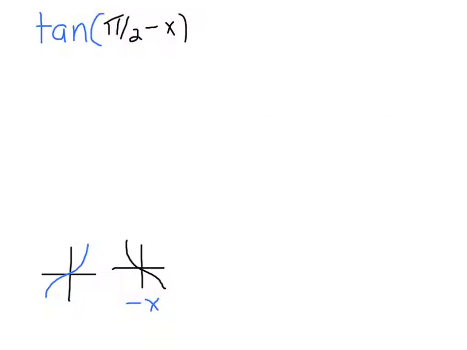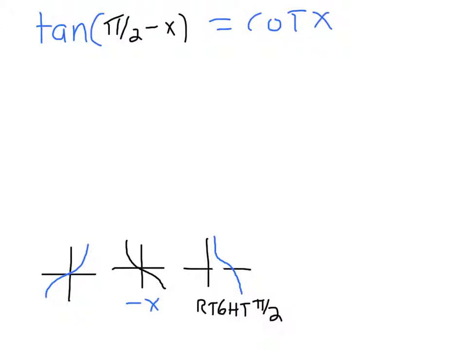And then if I were to scoot it to the right 90 degrees, it will move it so it still looks like this, and we can see that that should be equal to cotangent of x. But now we're going to prove it algebraically.